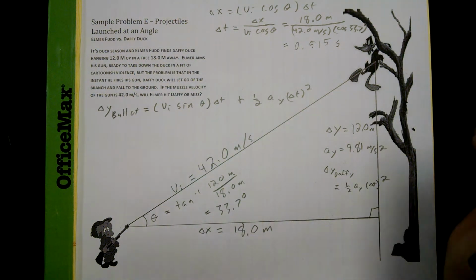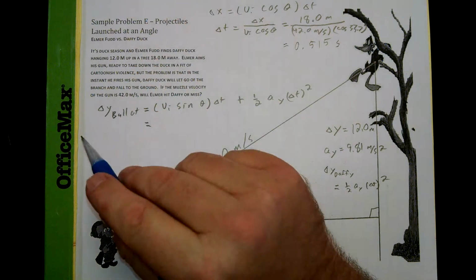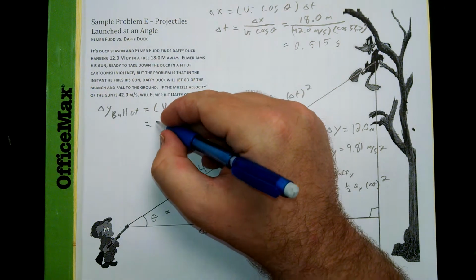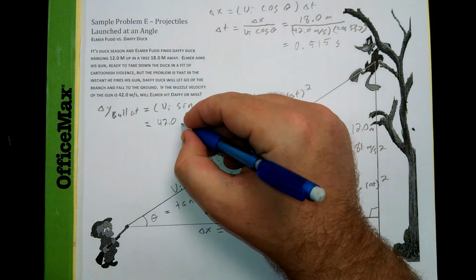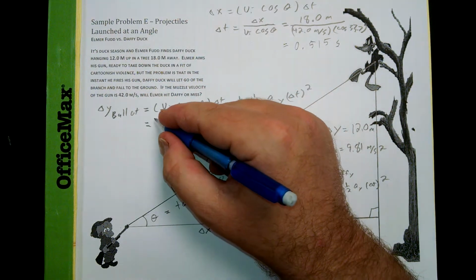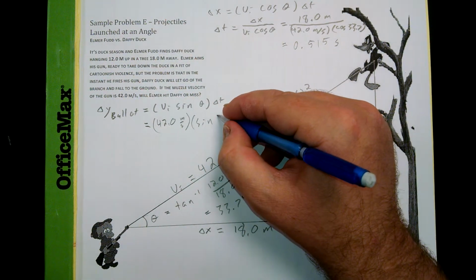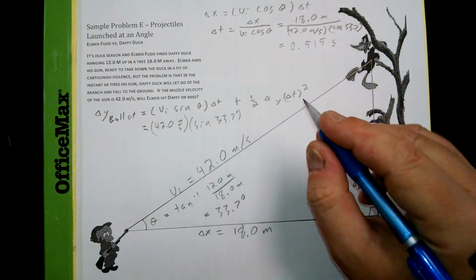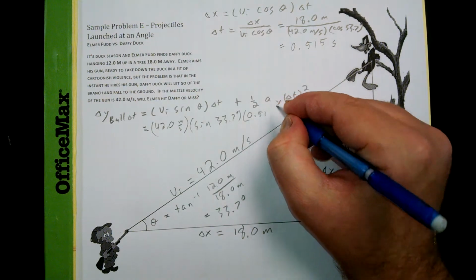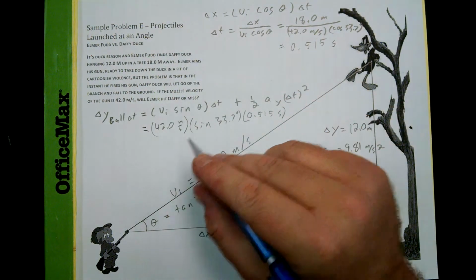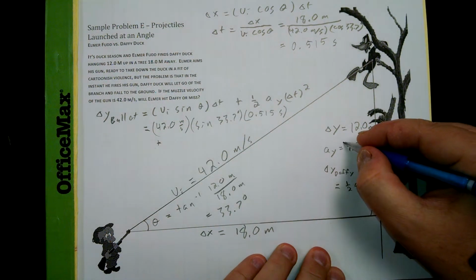Let's go ahead and plug the numbers in. Okay, so the bullet, let's go ahead and deal with the bullet first. That's going to equal your vi, which is 42.0 meters per second, multiplied by sine of theta, 33.7 degrees, and again multiplied by the time, which is 0.515 seconds. That should give us a nice little distance. Added to, whoops, I forgot, a sub y is actually negative.